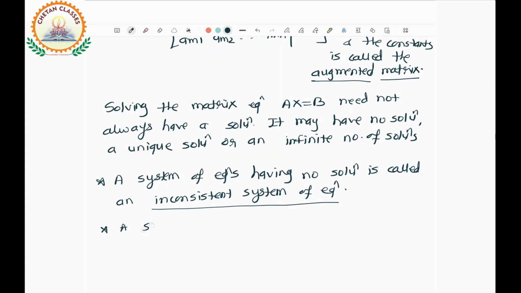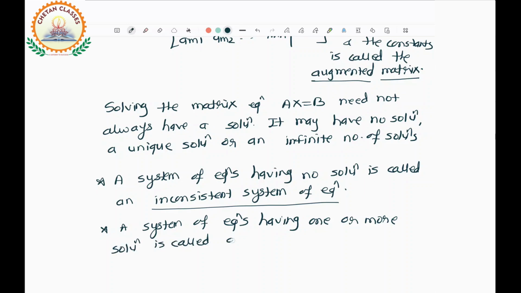A system of equations having one or more solutions is called a consistent system of equations.